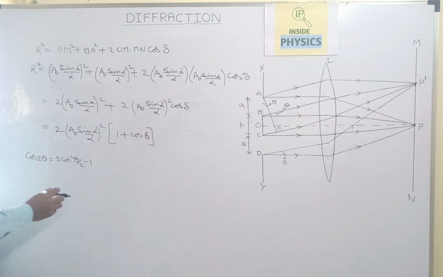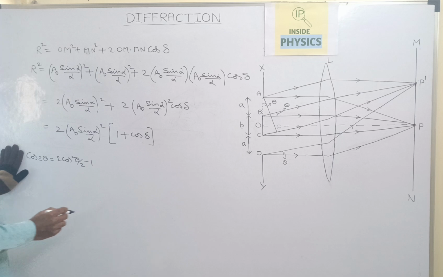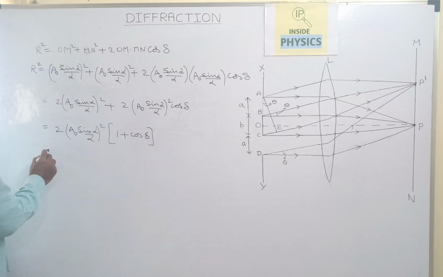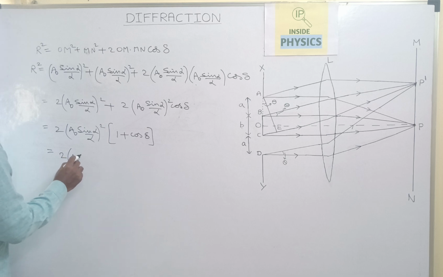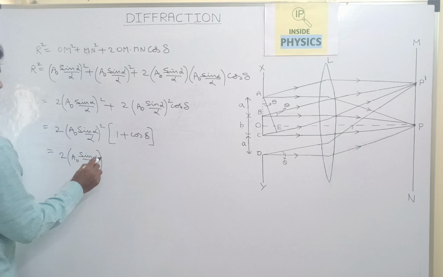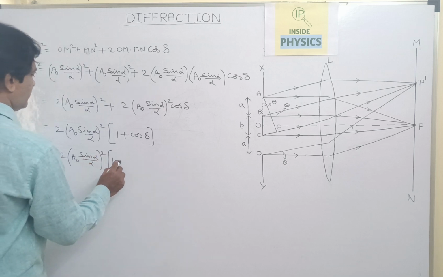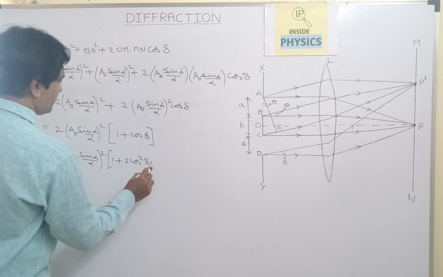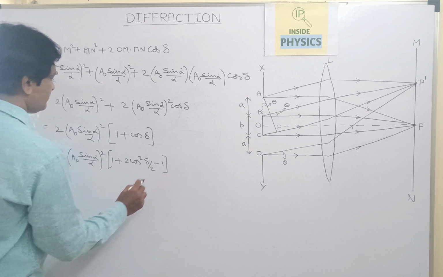Make a note of this formula. This can be written as A naught sin alpha by alpha whole square into 1 plus 2 cos square delta by 2 minus 1.